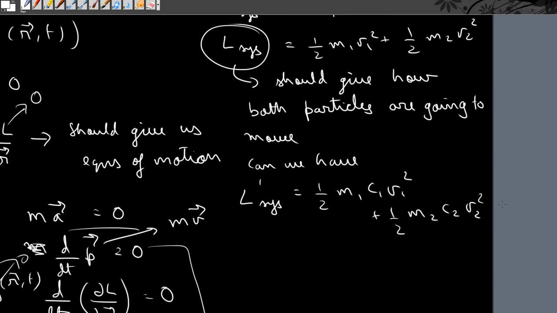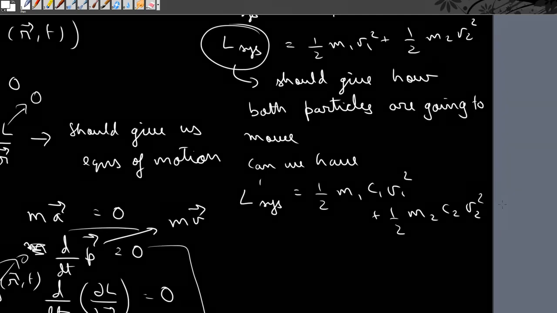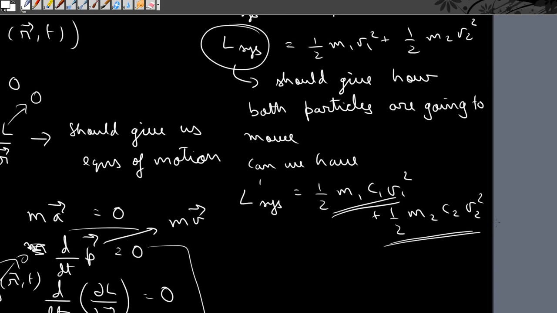Okay, can this happen? And the answer is, because individually the Lagrangians can be multiplied by any constant, and it is not going to give me any different set of equations which describe the motion of the particles when I consider them individually. But when I consider them together as a whole, I will not be able to do this, because this will be the equations which you get from this.